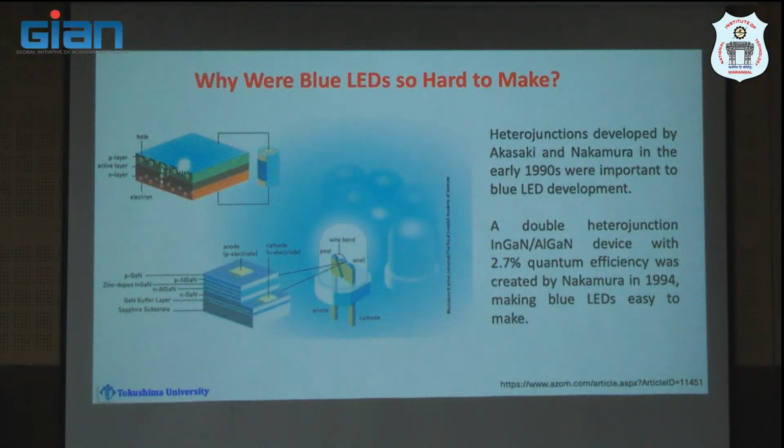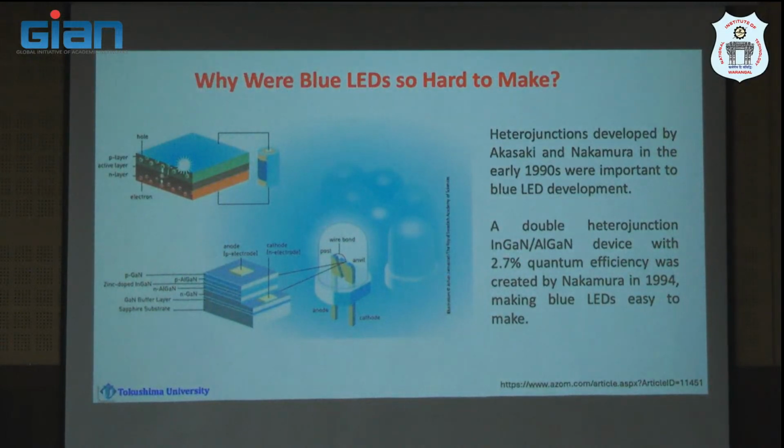Quantum efficiency means when you think about the light, electrons move and light is generated. When the electron moves, it emits light and we can see the light. So that efficiency increased by 2.7%. So the brightness became more.